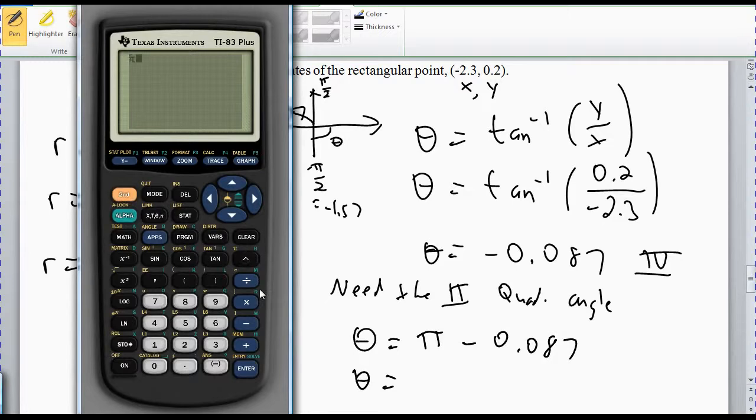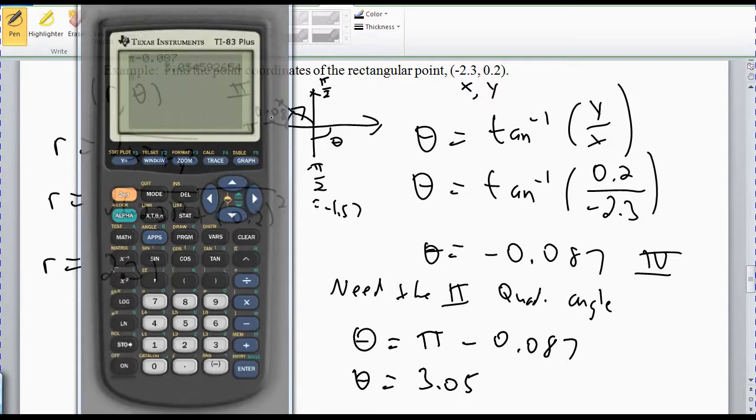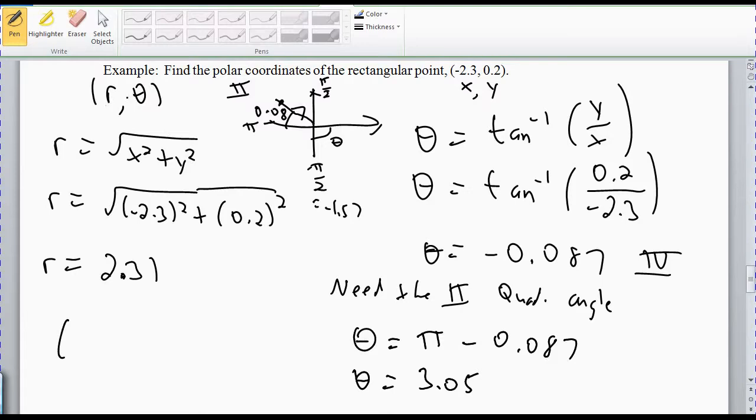Pi minus 0.087, we get 3.05. So that means that in our r comma theta form, it is 2.31 comma 3.05.